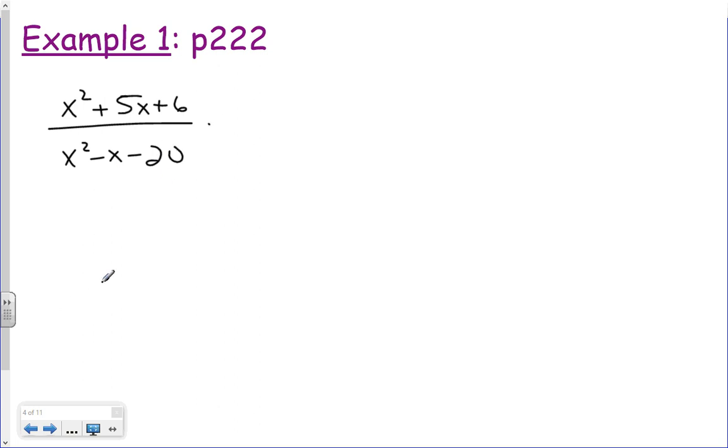And we're multiplying that by x squared plus 3x minus 4, and we're dividing that by x squared plus x minus 2. Now you can go ahead and multiply these trinomials together in the numerator and then multiply the trinomials together in the denominator and be done.